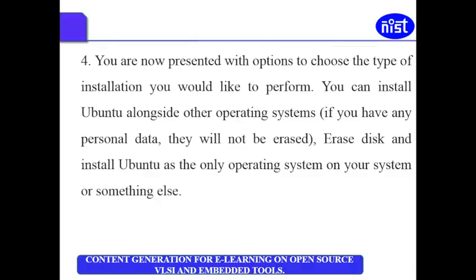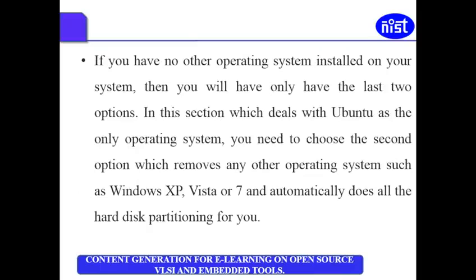You are now presented with the option to choose the type of installation you would like to perform. You can install Ubuntu alongside another operating system, or you can erase and install Ubuntu as the operating system on your personal computer.